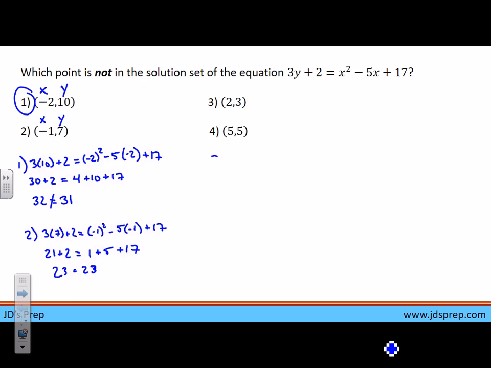Similarly, for number 3, the point 2, 3, 2 is my x, 3 is my y.